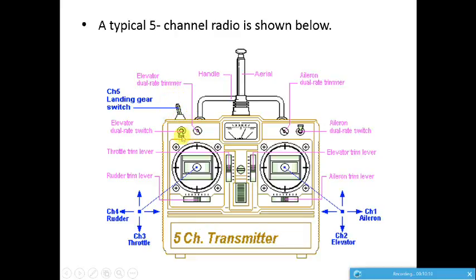These are some of the trimming switches. These are trimming switches for channel 3, channel 4, channel 2, channel 1. You can trim various control surfaces to balance the aircraft, and you also have some additional switches. You also have a display here.